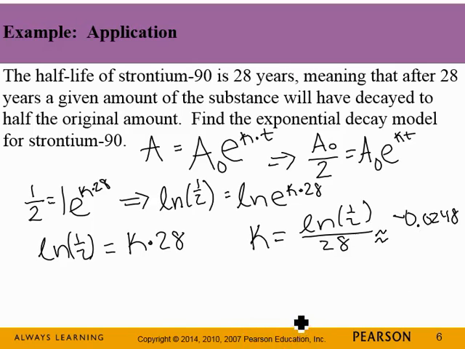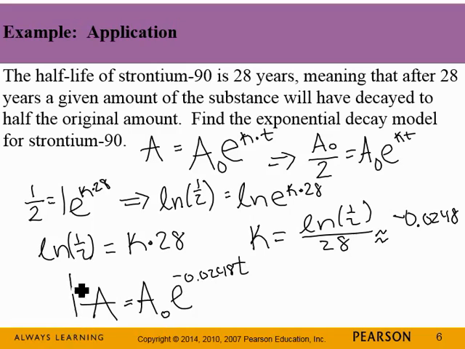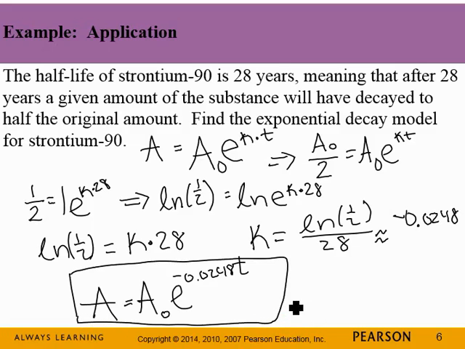So if you were to solve that, you'd get about negative 0.0248. So your model is A equals original A, e to the negative 0.0248t. So this is your exponential decay model for that element.